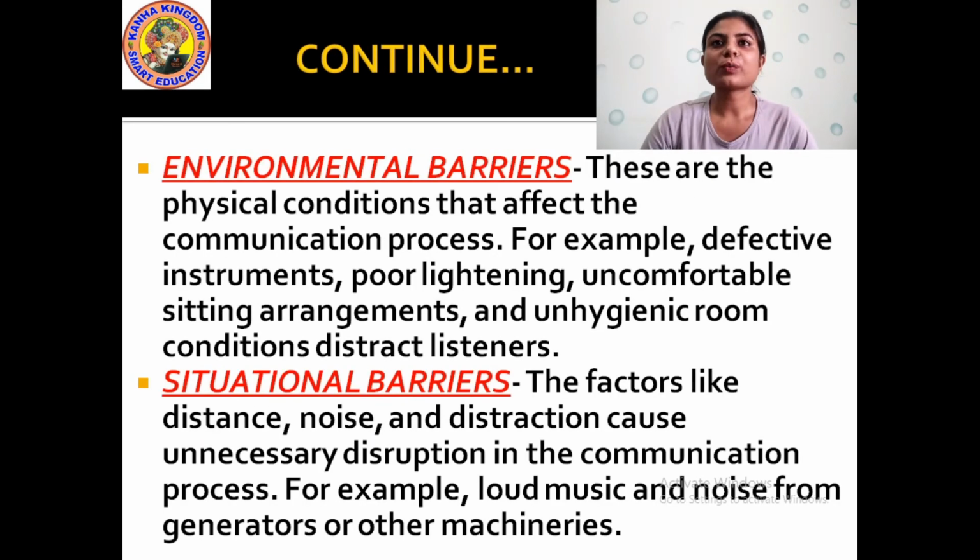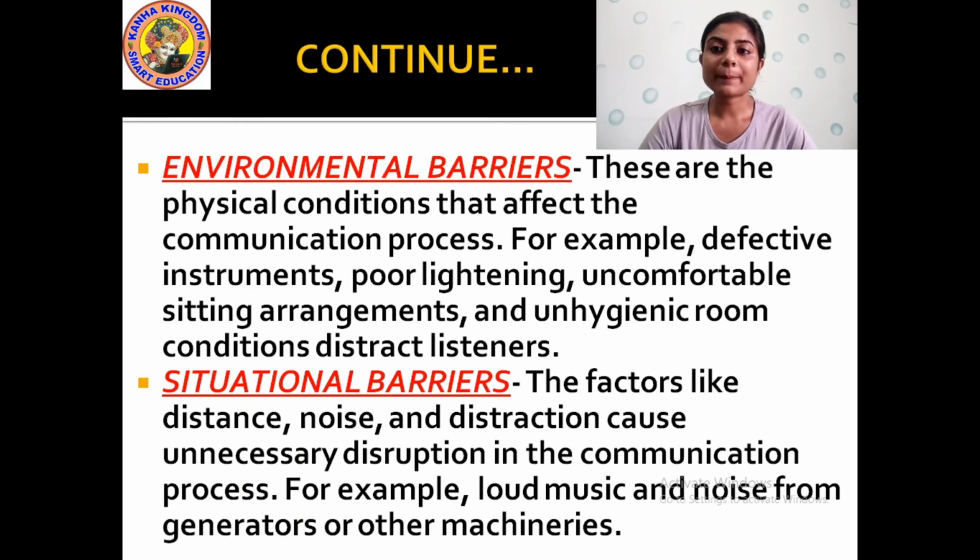So now students, what is the environmental barrier that causes miscommunication? Environmental barrier means the physical conditions that affect the communication process. Some physical conditions may also affect some communication process. For example, defective instruments.